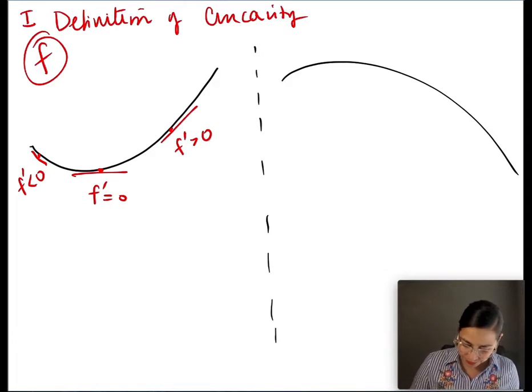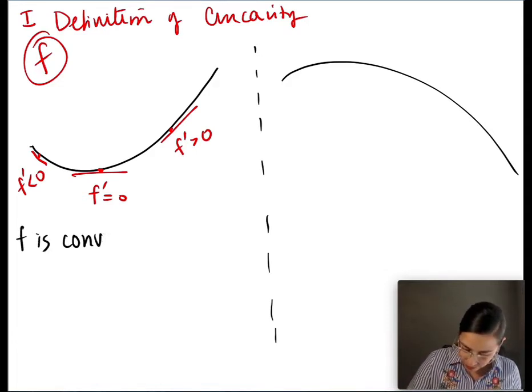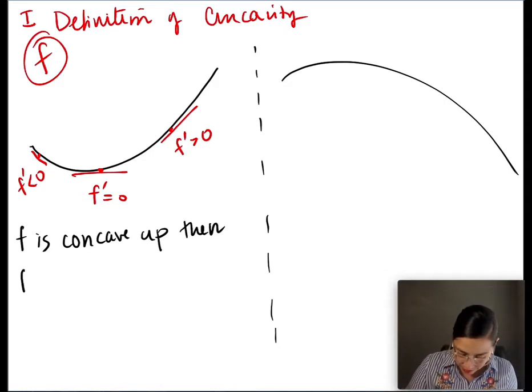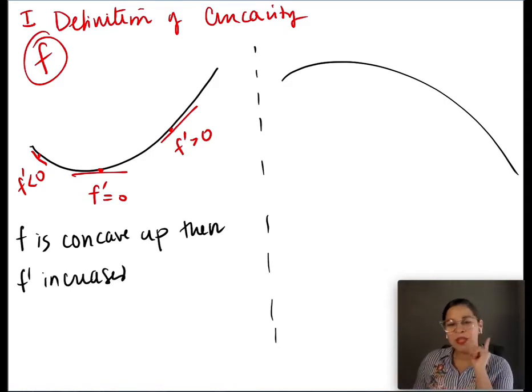I'm going to say, okay, if f is concave up, like in this graph, then f prime increases, as we saw. But then my question is, if I know that a function increases, what happens to its derivative, right?